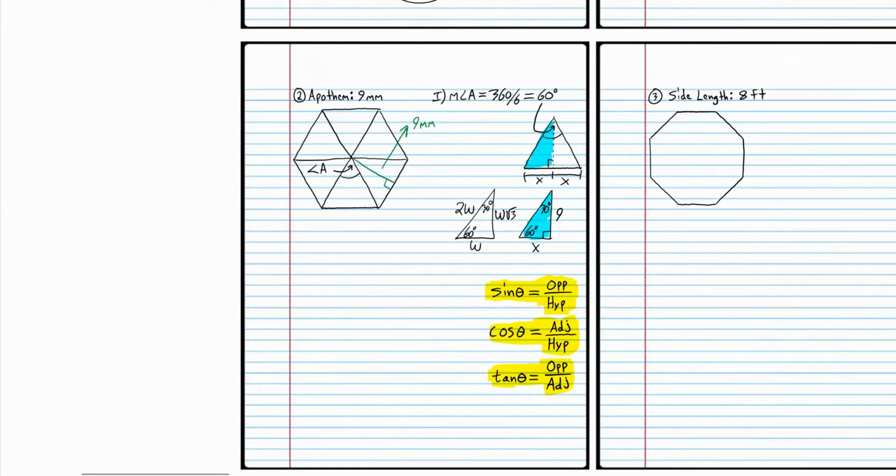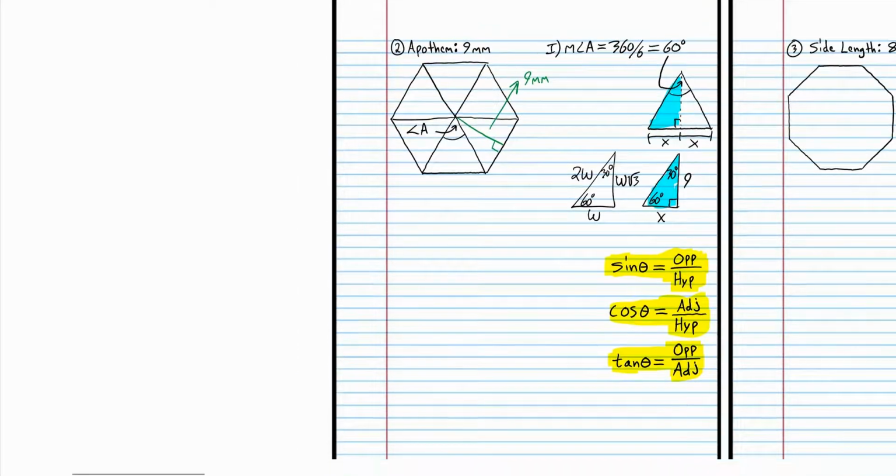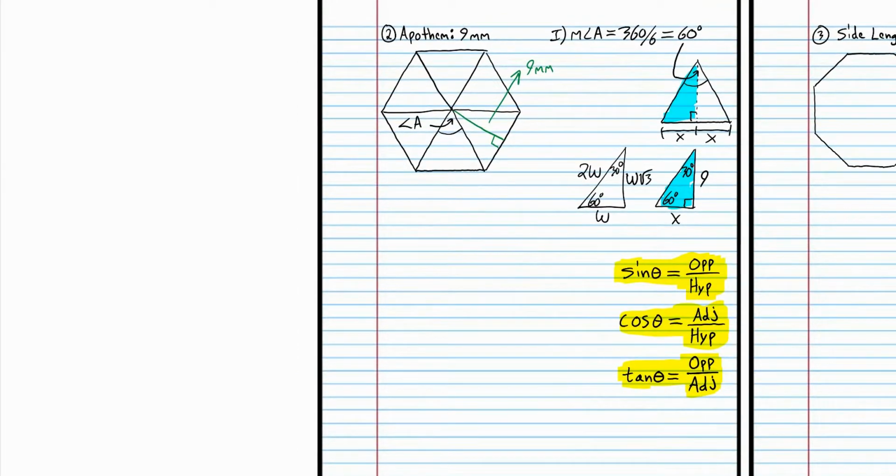I don't really care for this particular problem, but you do need to be familiar with those special triangles. So now we're going to find the height. The height is 9. So we're done with that part of the problem. I can just put that up here. So we'll call that step 2.